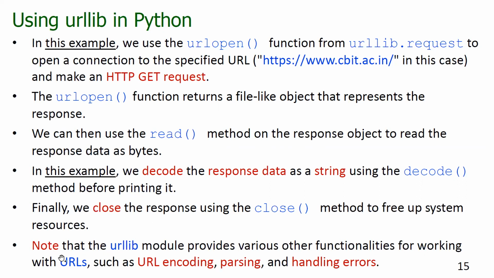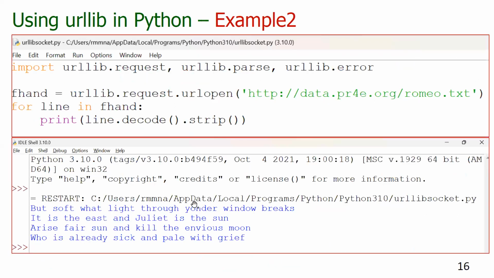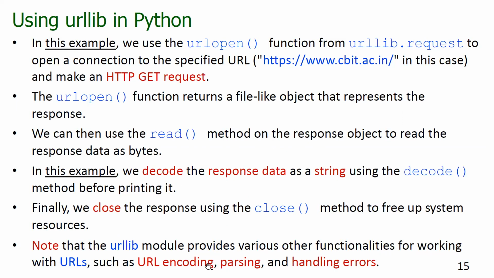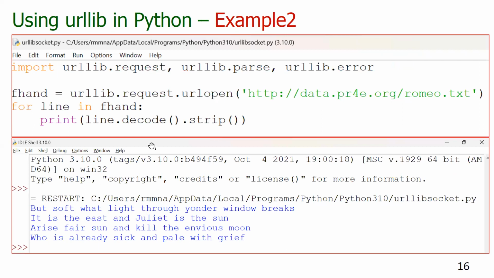Here, one important note you have to remember: the urllib module provides various other functionalities for working with URLs, such as URL encoding, parsing, and handling errors. This you can remember. Then this is another example program. Here you can see what was just mentioned: URL encoding, parsing, and handling errors.